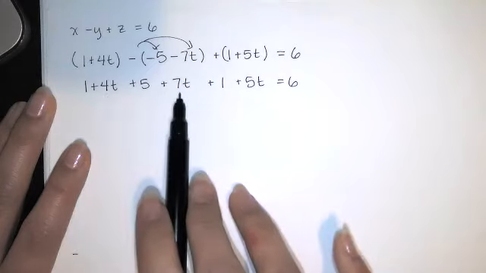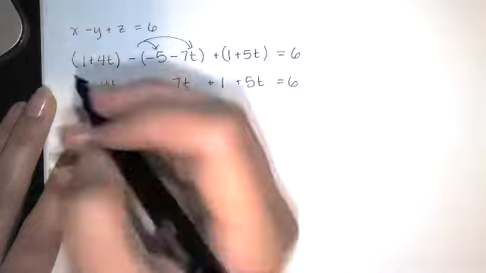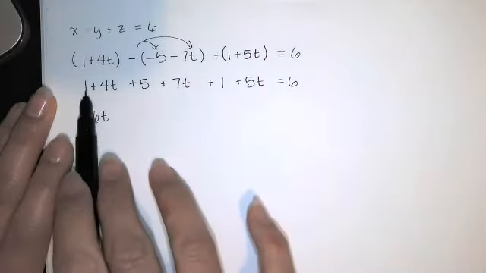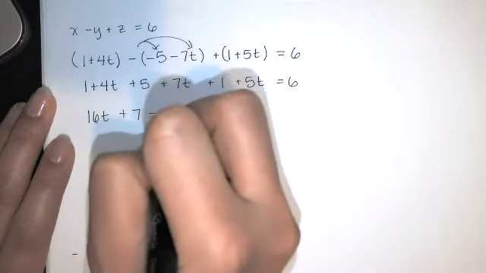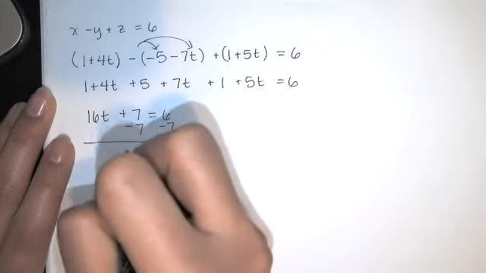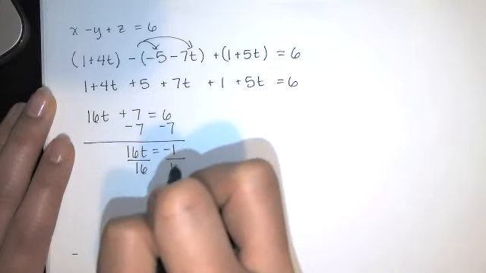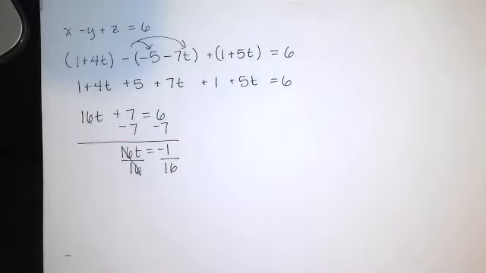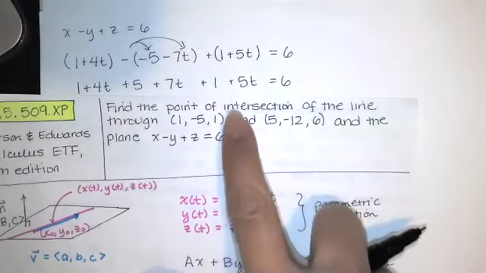And I've got 4t plus 7t, that's 11t. 11t plus 5t is 16t. And then 1 plus 5 plus 1 is 7. And we'll subtract 7 from both sides. Ooh, it's going to be kind of an ugly fraction. That's okay. And t equals -1/16.